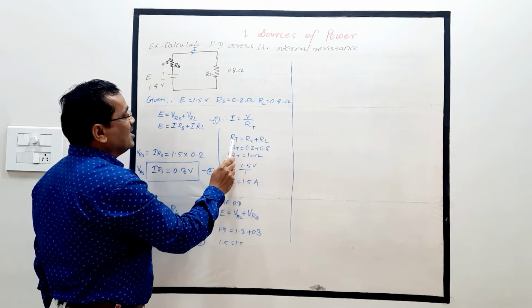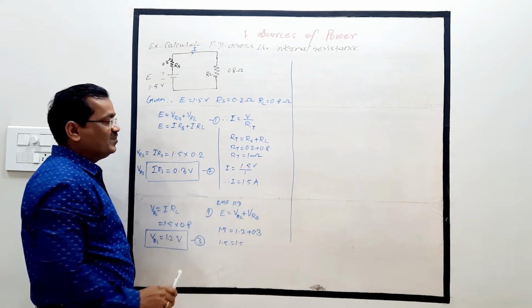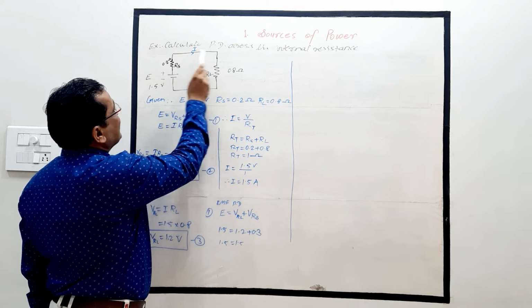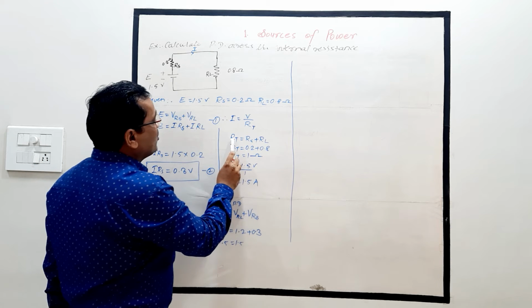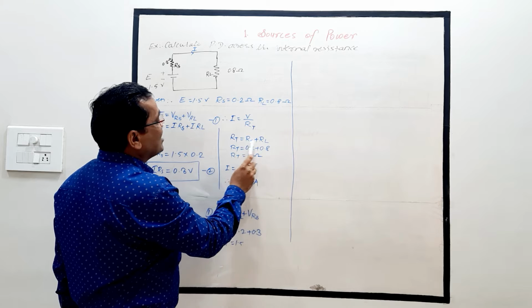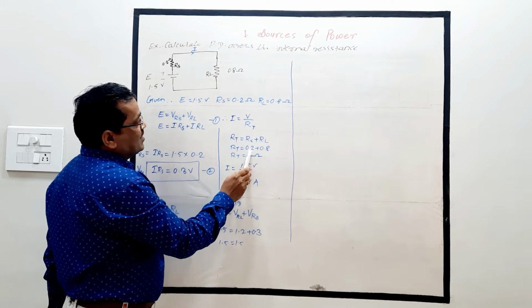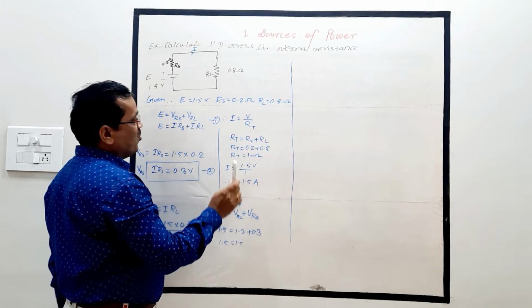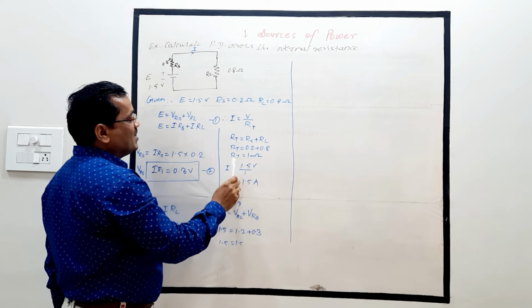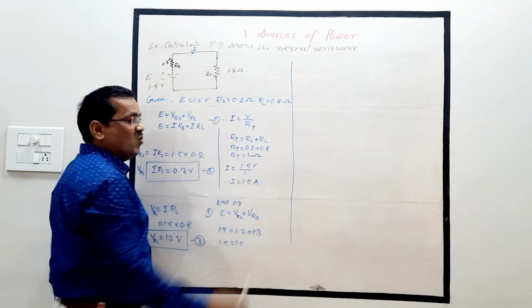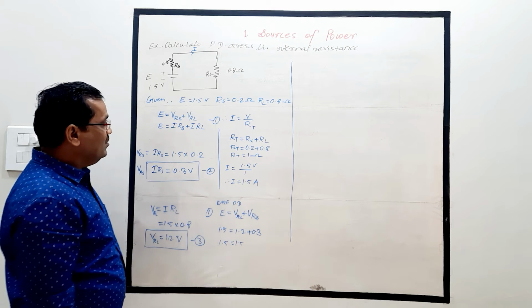As RS and RL are in series, RT is equal to RS plus RL. So RS has a value of 0.2 and it is 0.8 for RL. So R total will be 1 ohm. That is the effective resistance of the circuit.